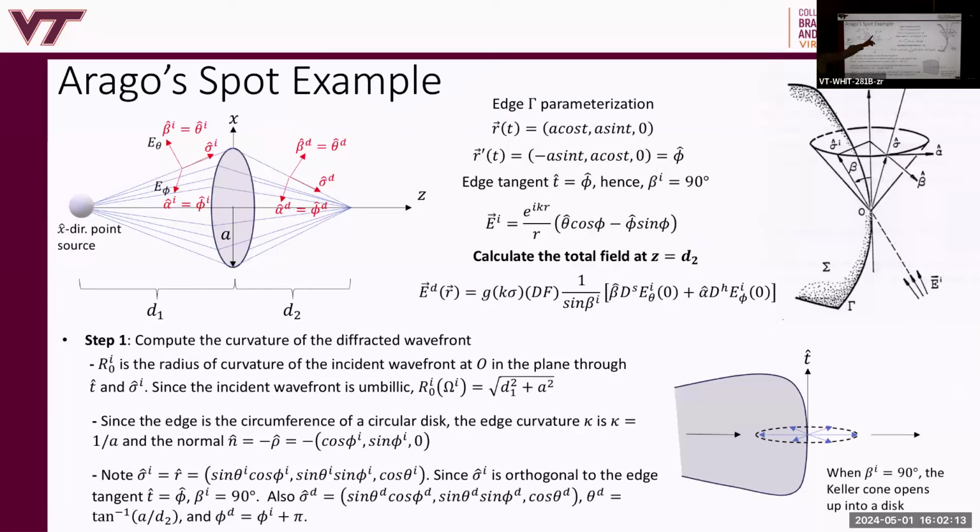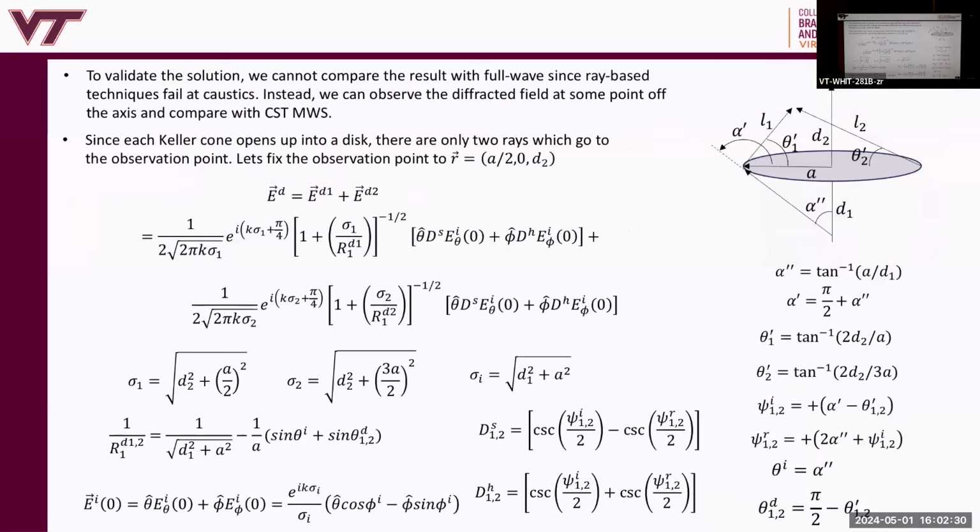So back behind this disk, the only component of the incident, reflected and diffracted field is the diffracted field, right? So the total field behind the disk is diffracted only. And in the situation that I wanted to compare it to, we'll go over this in the class today though, I wanted to look at the field at this point here, and try to find it also in full wave simulation.